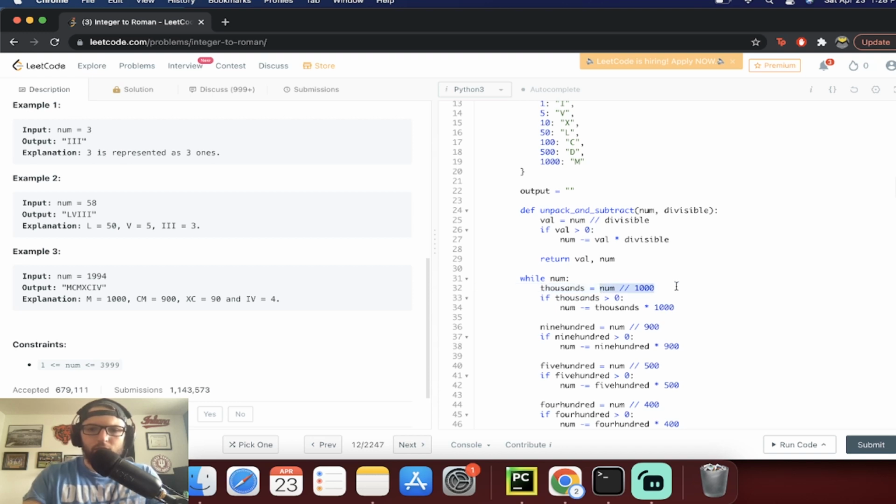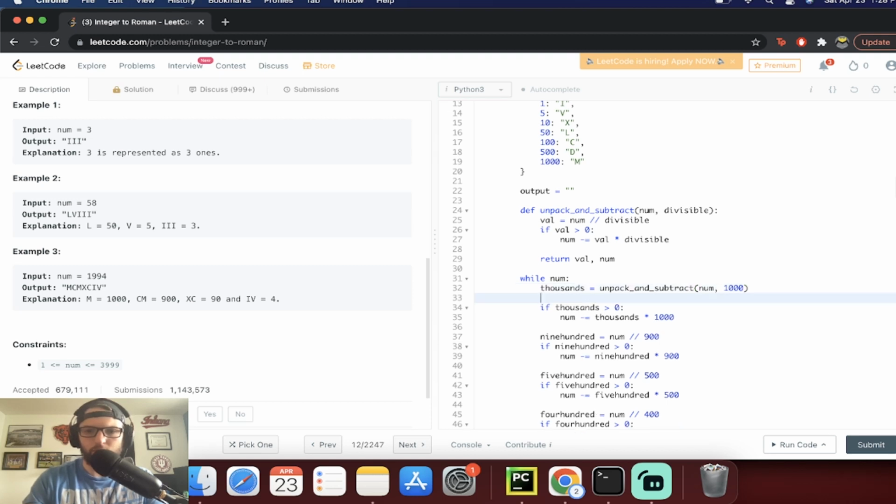Okay, thousands equals unpack and subtract num, 1000. 900, unpack and subtract num, 900.